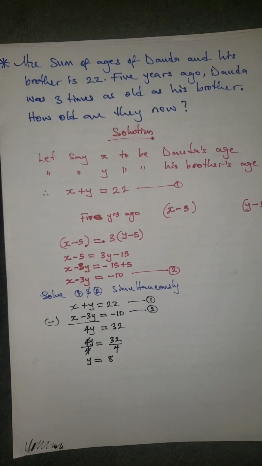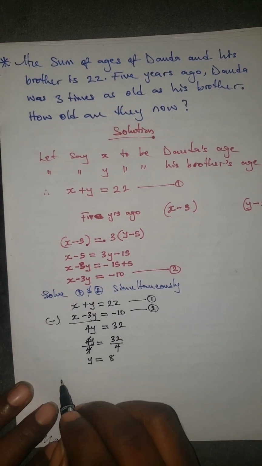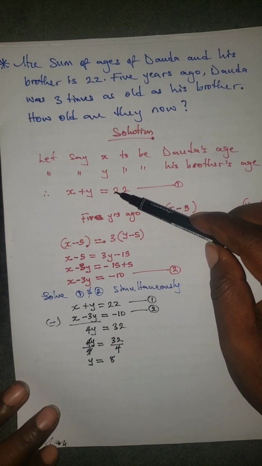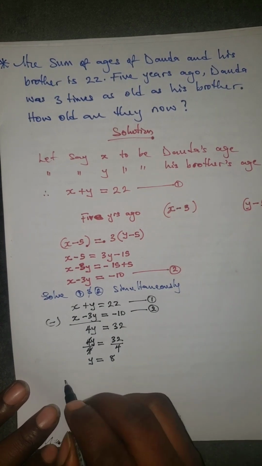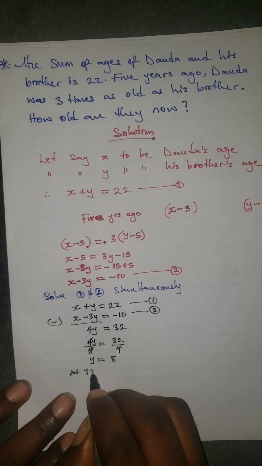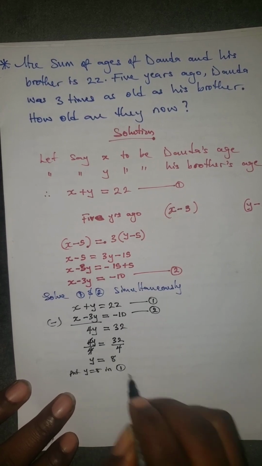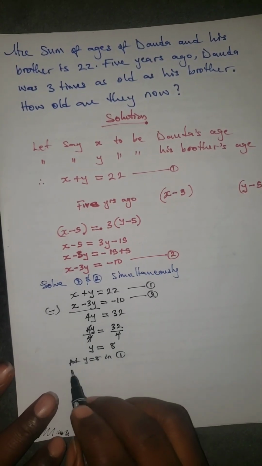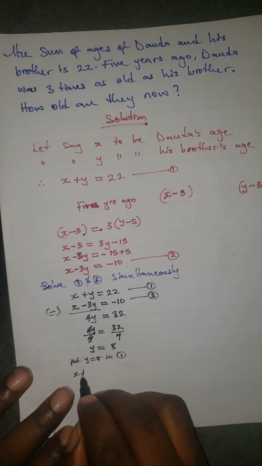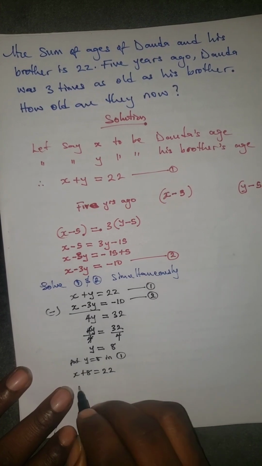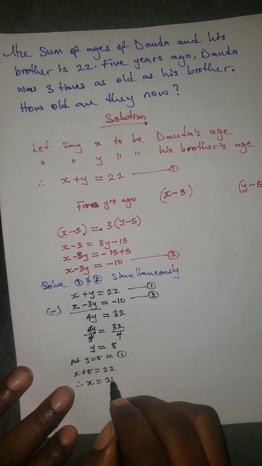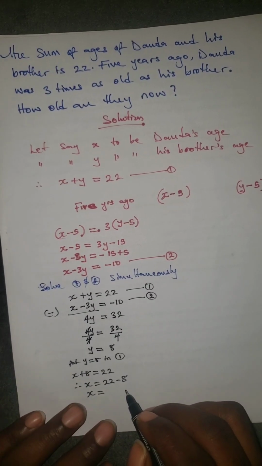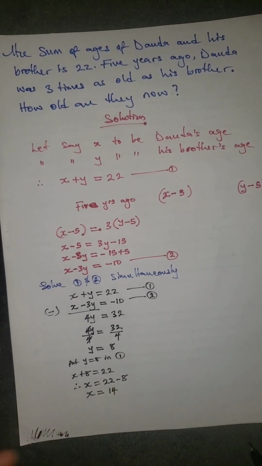Okay, so we have gotten y as 8. Therefore, if y is 8, we put y equals 8 in equation 1. When you do that, you are going to have x plus 8 equals 22. Therefore, x equals 22 minus 8, which will give you 14.